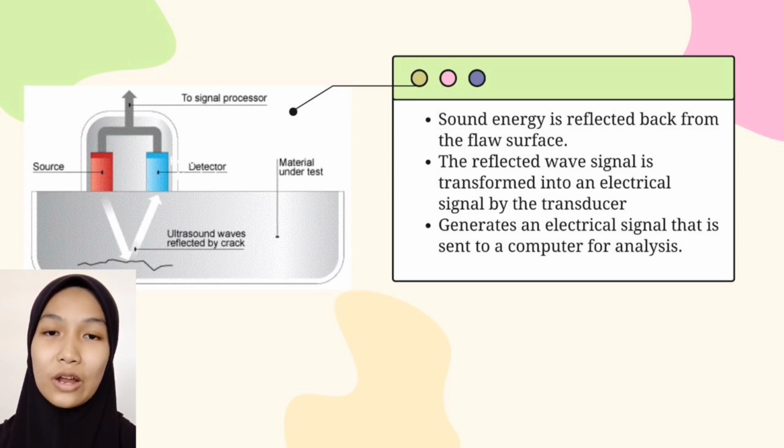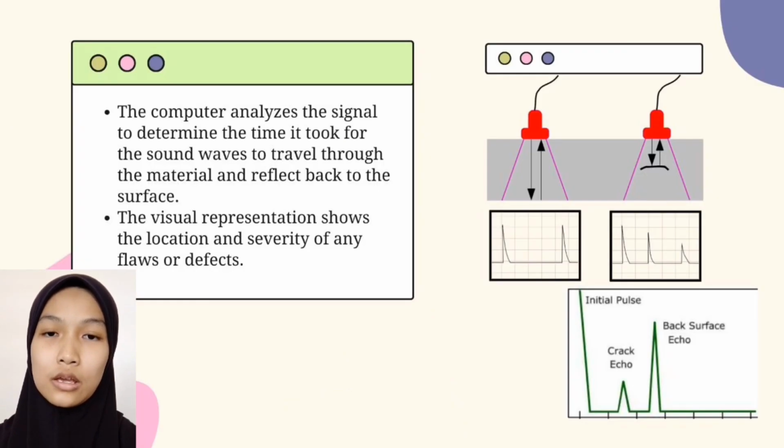As the crystal vibrates, it generates an electrical signal that is sent to the computer for analysis. The computer analyzes the signal to determine the time it took for the sound wave to travel through the material and reflect back to the surface.